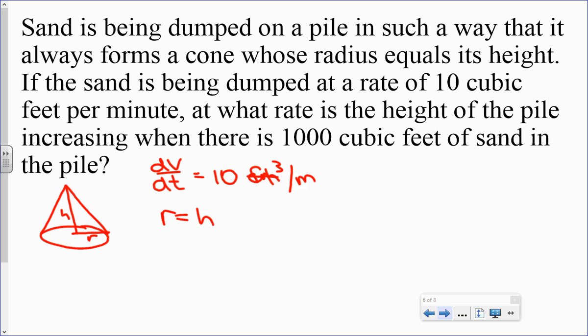So we need to find dH dt when our volume is 1,000.